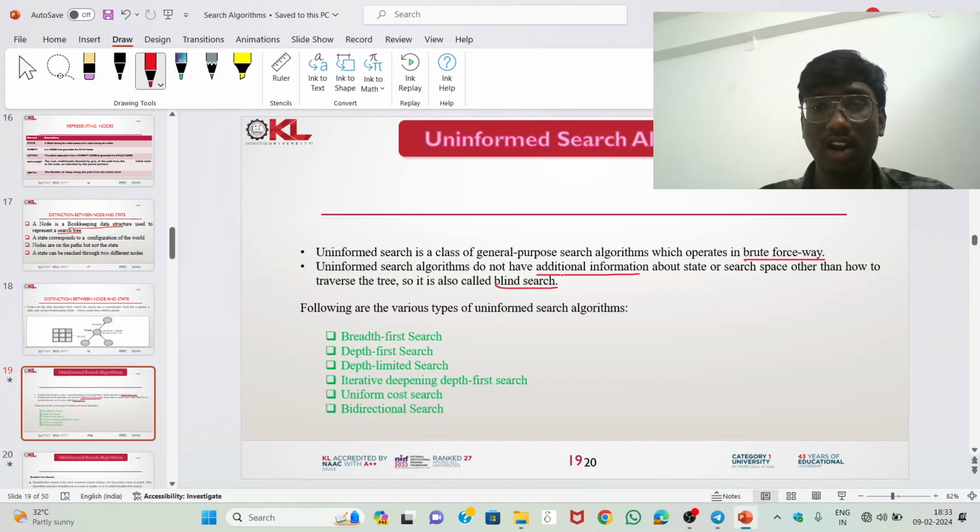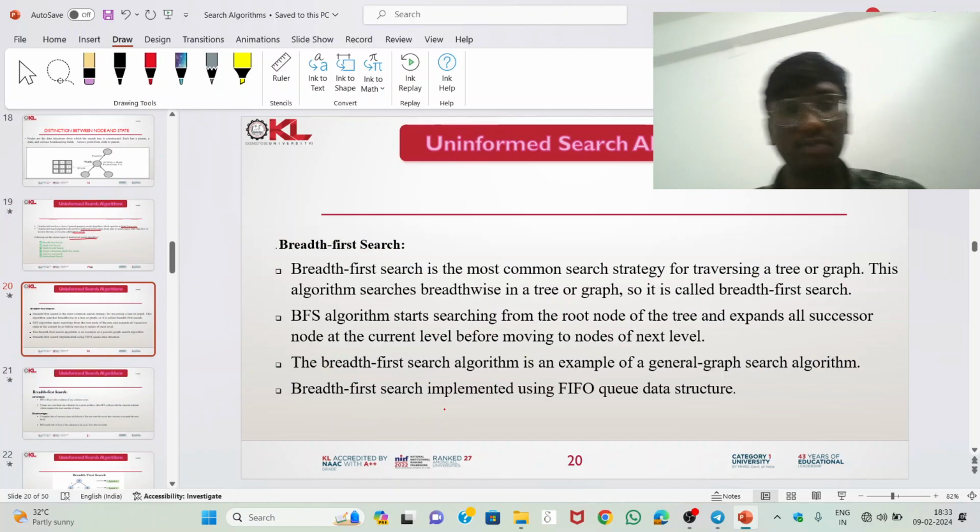The types of uninformed search algorithm are breadth first search, depth first search, depth limited search, iterative deepening depth first search, uniform cost search, and bidirectional search. Let us go to breadth first search.